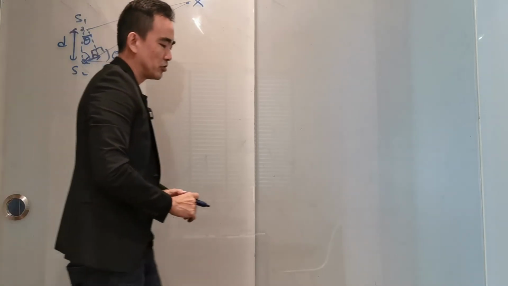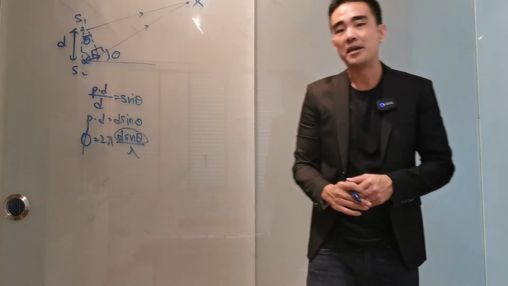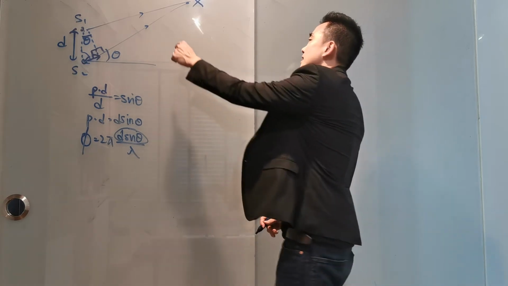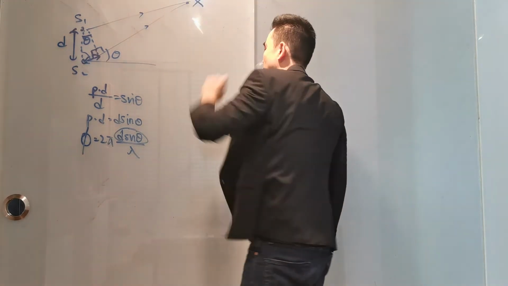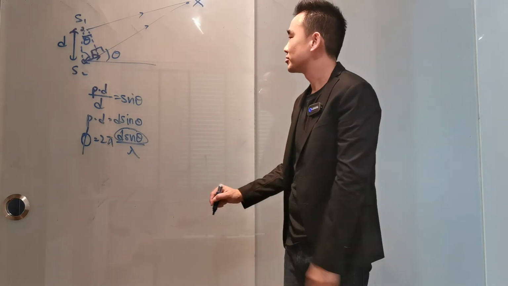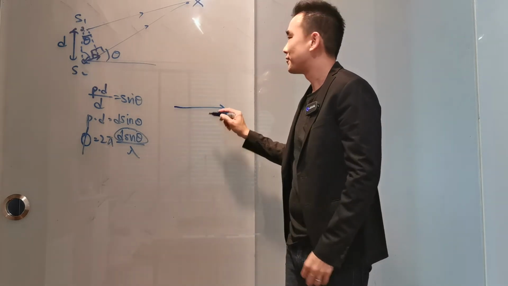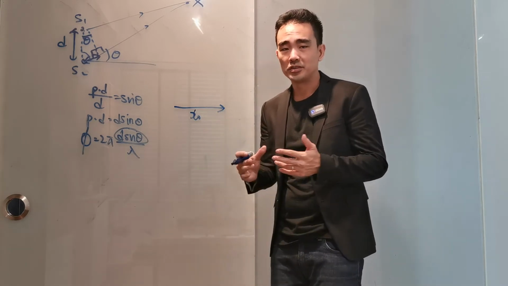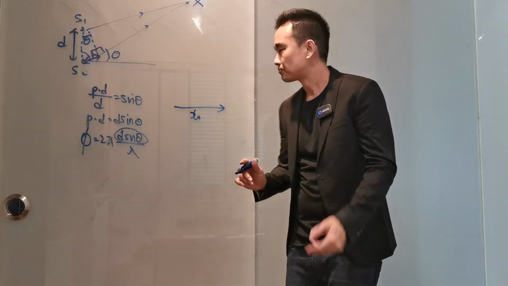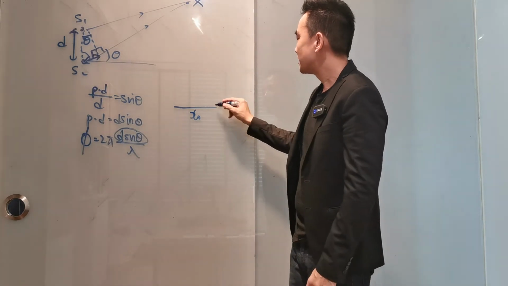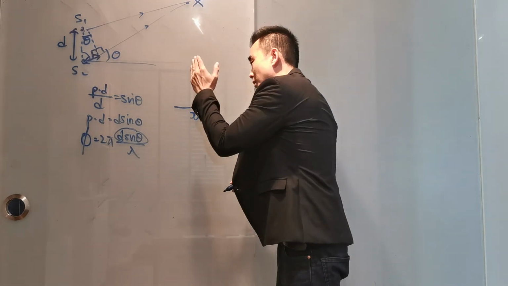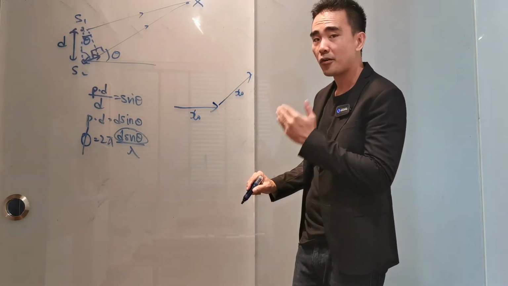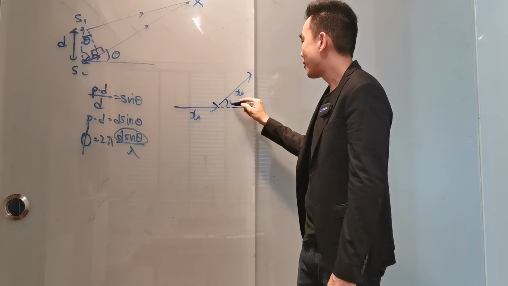Now this is the part where I'll be showing you a method called the Phasor diagram. So how do we add the influence due to each of the two waves at this point? Now this is the Phasor diagram method. So we represent the wave from S1 as x0, x0 being like the one that we use in simple harmonic motion, the amplitude. So how do we represent the influence by the waves from S2? We offset the wave from S2 by an angle of phi.